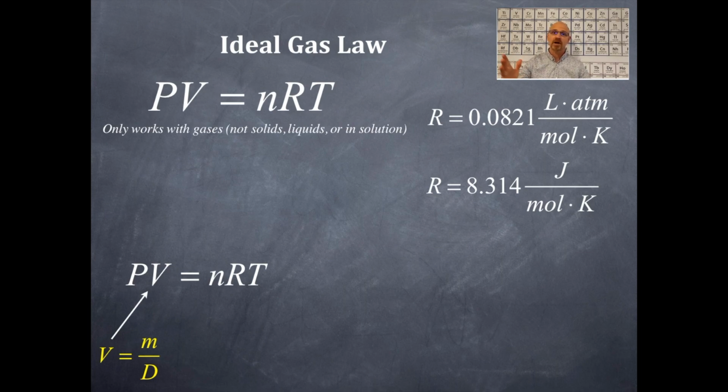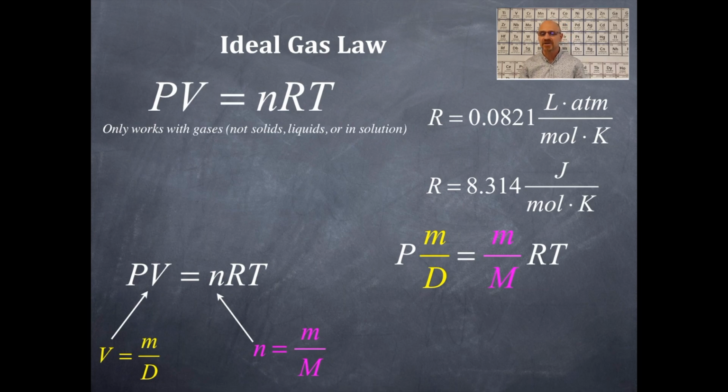Hopefully you got that part. That's super easy. Mass over density is volume. N is for number of moles, and that is the mass over the molar mass. That would equal moles. So we're going to substitute in mass over density for the volume, and mass over molar mass for the number of moles.